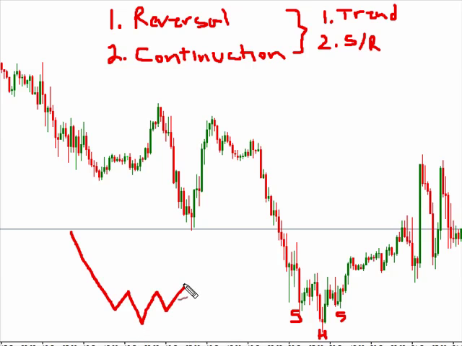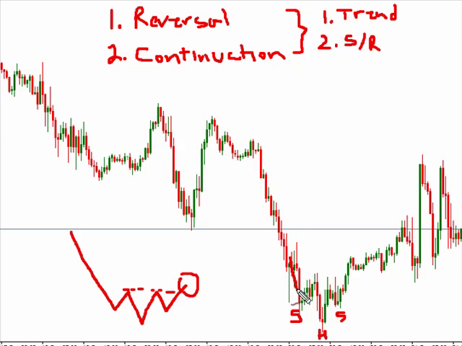And when it starts to move up in reverse past what we call the neckline, we're going to look for an opportunity to see the market reverse.